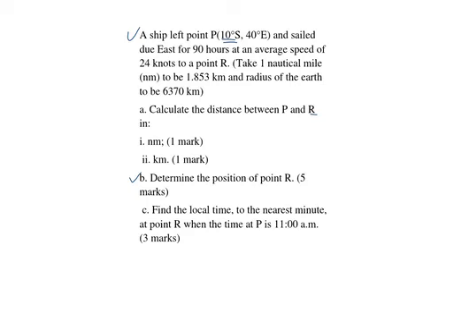That means that it will remain in the same latitude. Let me demonstrate. So if it is at 10 degrees south, let's say this is point P, and it is going to sail due east, so it will move along this small circle to a point R. Therefore, it is only the longitude which will change.